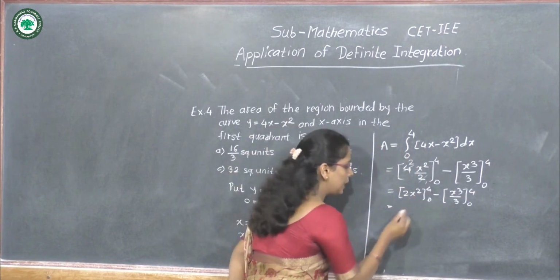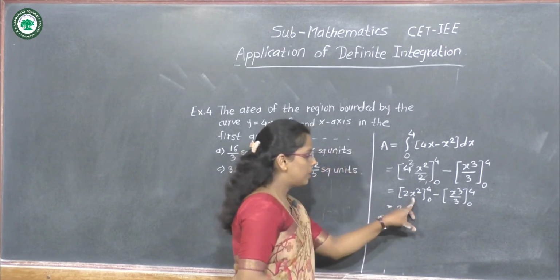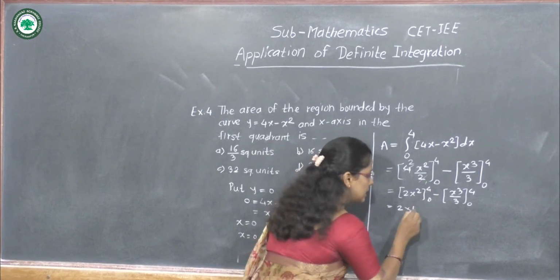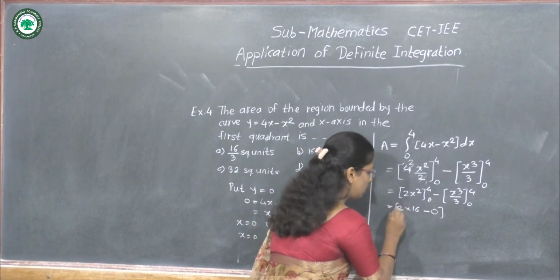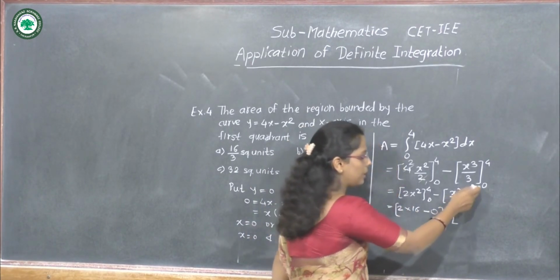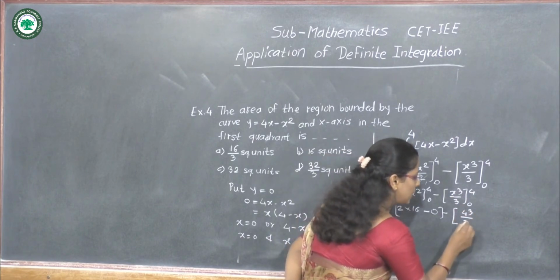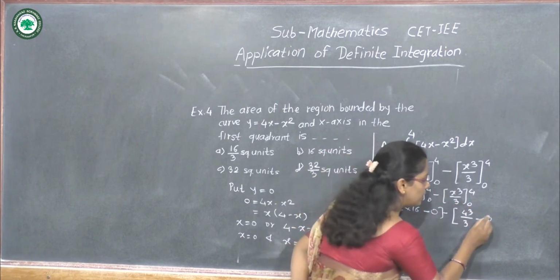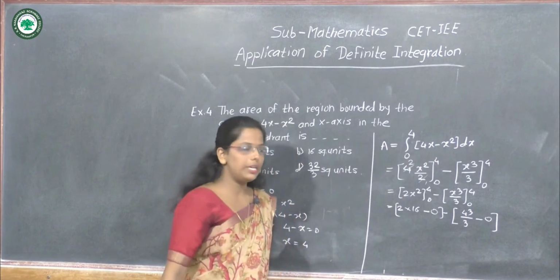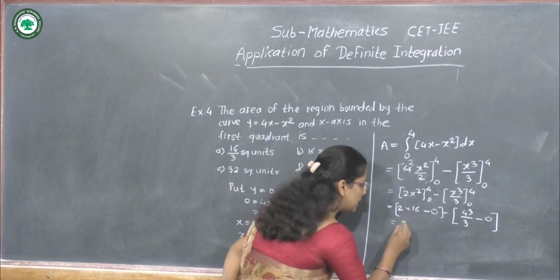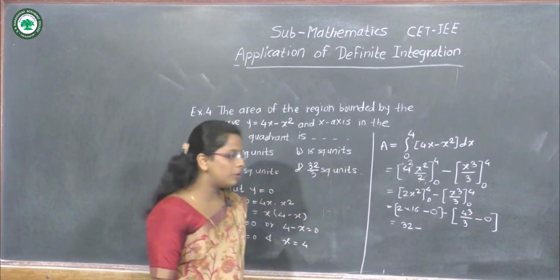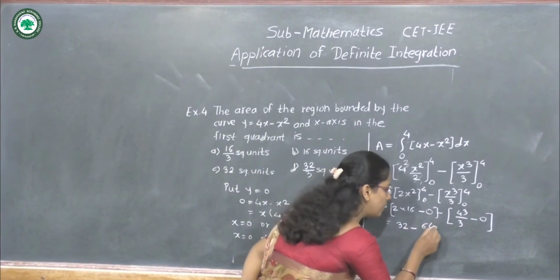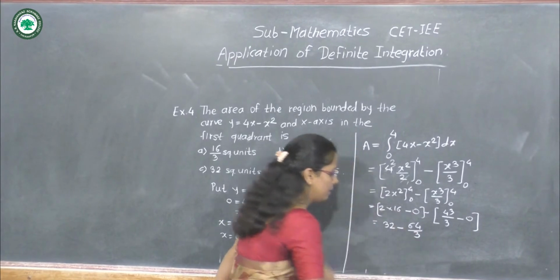Now put upper limit 2 into 4 square is 16, minus 2 into 0 is 0, minus upper limit 4 cube upon 3 minus 0 cube is 0. That's why the whole term is 0. 2 into 16 is 32 minus 4 cube, 4 cube is 64, upon 3.